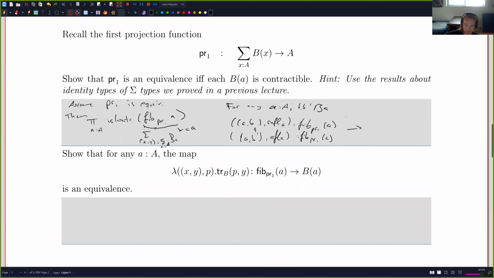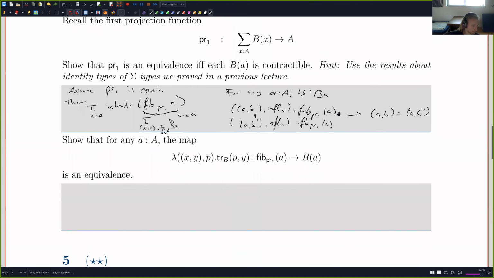So in particular, this implies that (a, b) is equal to (a, b prime). And here we're in the same fiber, a and a. So again, by the characterization of identity types of sigma types, this implies that b is equal to b prime. And we don't need to transport here because we're in the same fiber. Yeah, and so B of a is contractible.